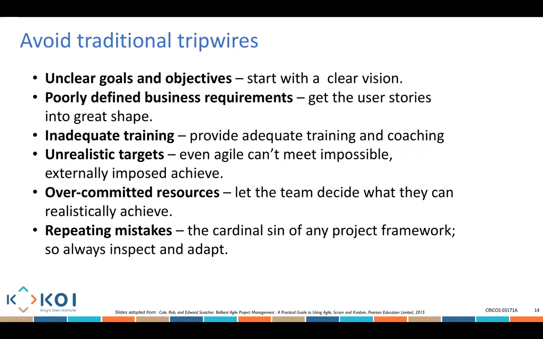So you need to be very sure and think about the objectives. What are we trying to deliver, and make sure there is clarity of all of these objectives and they've been delivered accordingly.